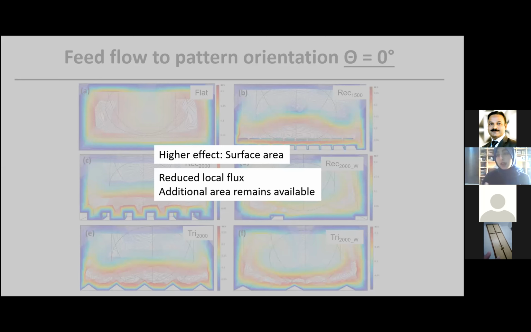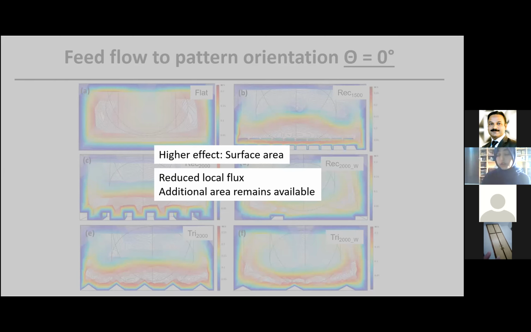So this surface area can reduce the local flux, which is distributed over the membrane surface, and that can reduce the deposition of foulants. On top of that, after the deposition of foulants, the additional area you create by patterning can still remain available for filtration of the feed.